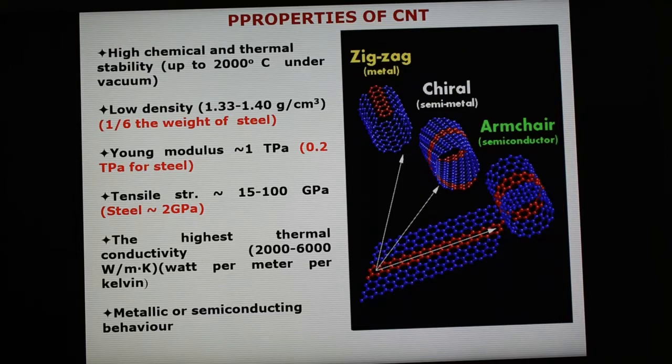The electrical property changes with the diameter, with metallic and semiconducting properties also there. Maximum current density is also shown, and thermal conductivity is equal to 3000 watt per meter per Kelvin.